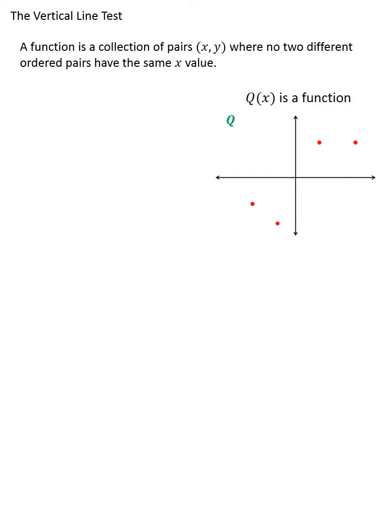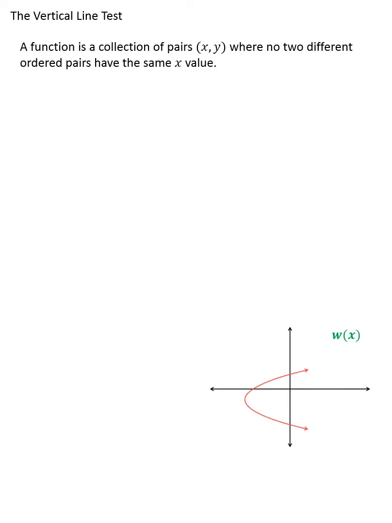Therefore, q is a function. And lastly, we saw that things like this, w, would not be a function because it does contain 2 points that have the same x value, and therefore it's not a function. In fact, it contains infinitely many occurrences of pairs of points that have the same x value, but it only needs to happen once for something not to be a function.